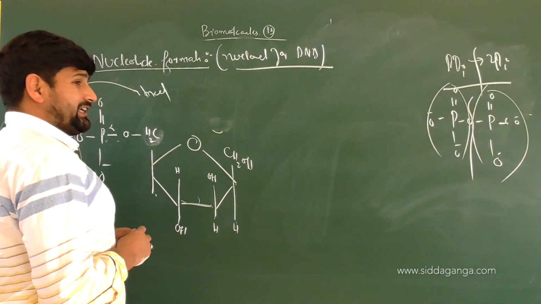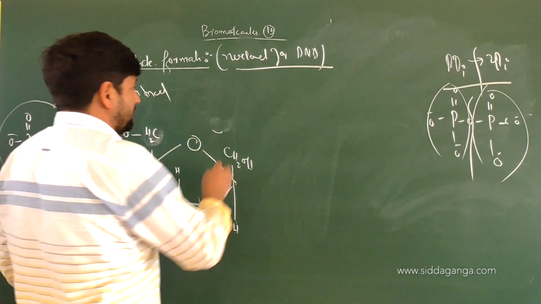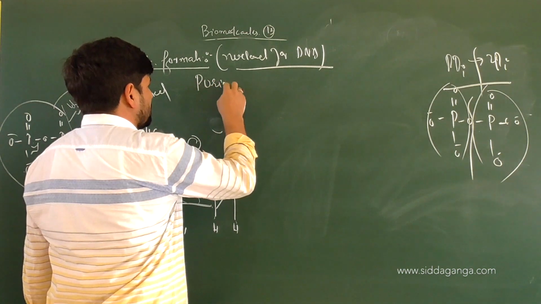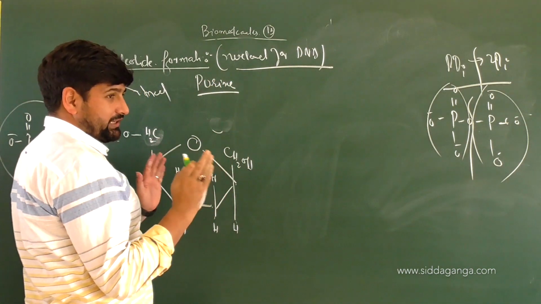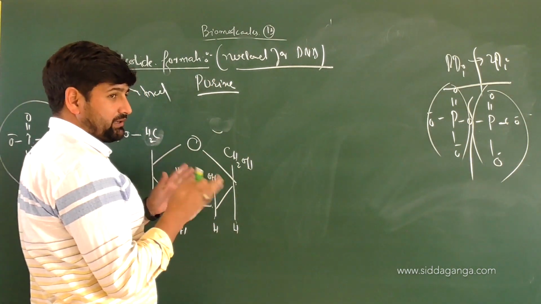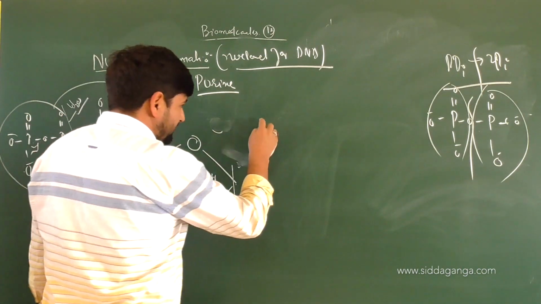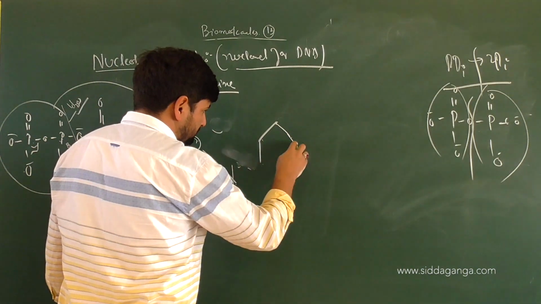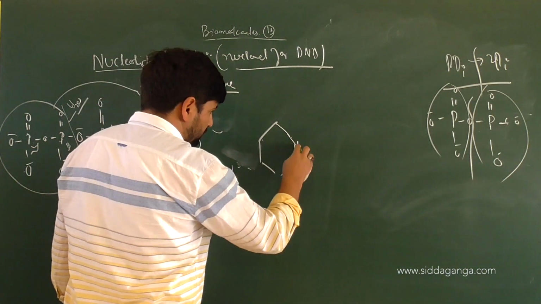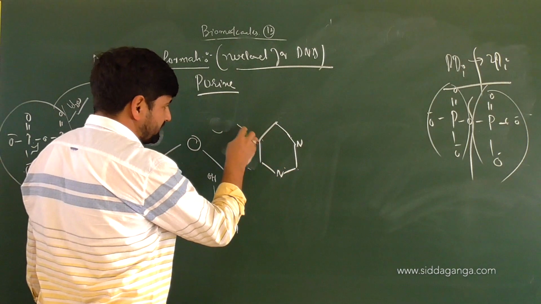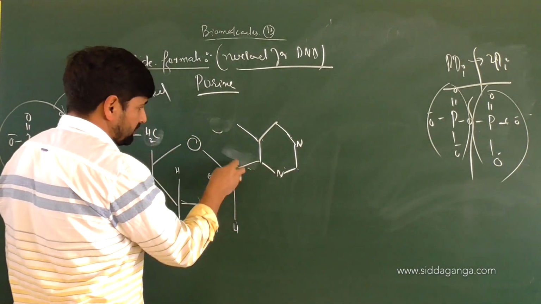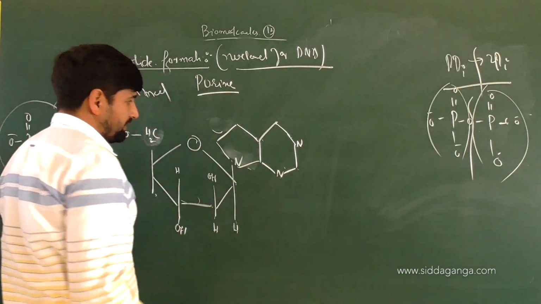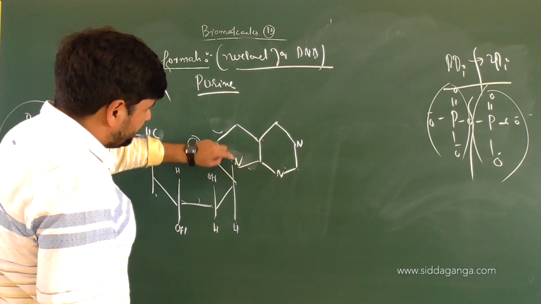Now, let us draw the base pairs. First of all, the bases which are purines. I will not draw to scale here, but we know purines are double ring structures. You can see here, we have nitrogen here, nitrogen here, then there is one more nitrogen here also.